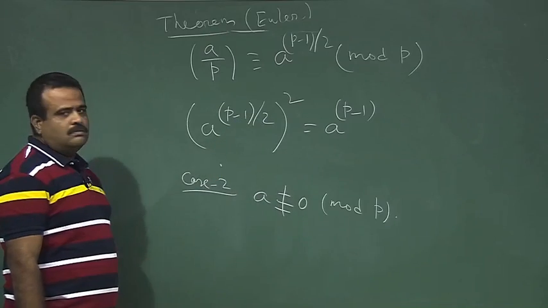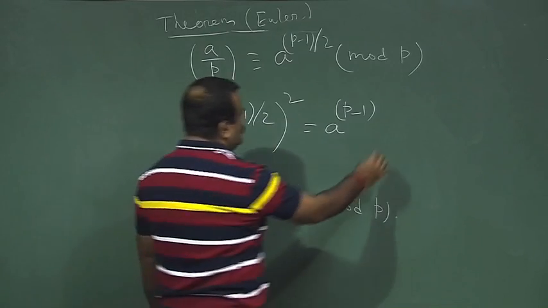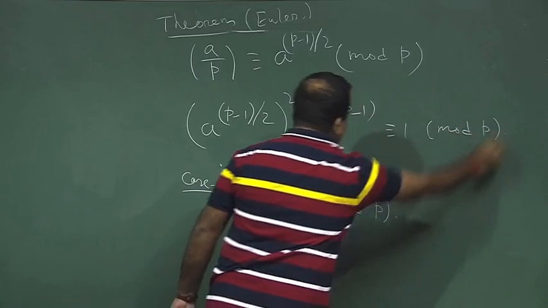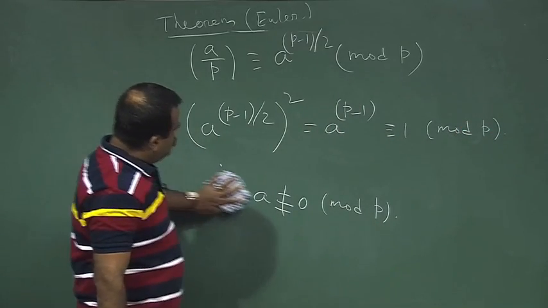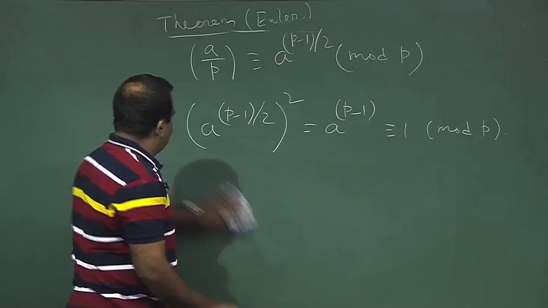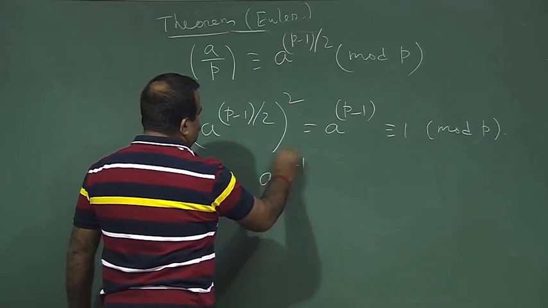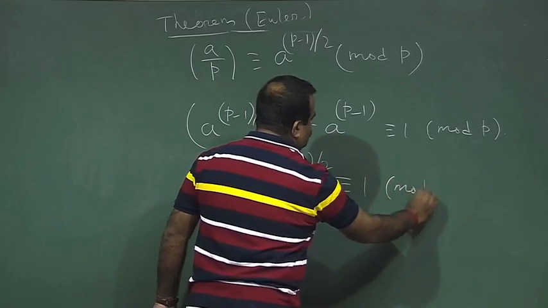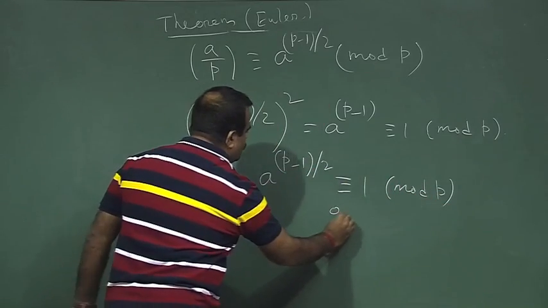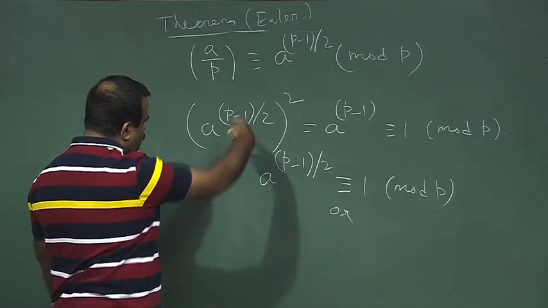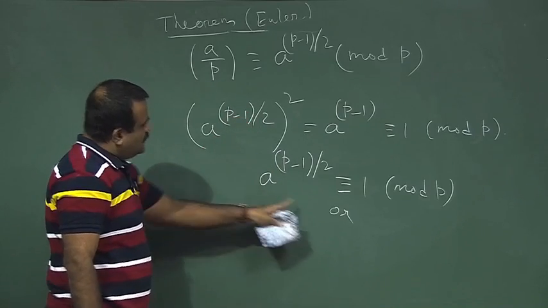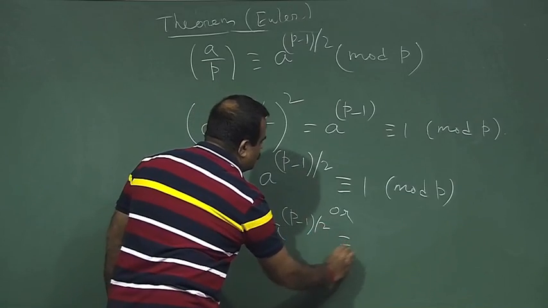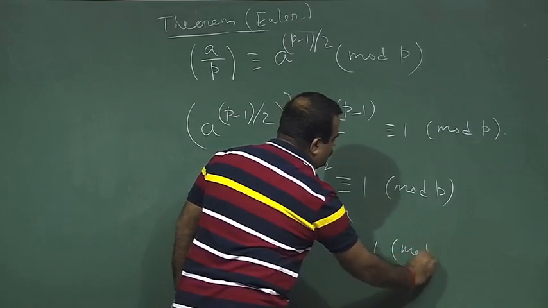Now, this we know by Fermat's Little Theorem is congruent to 1 mod p. So, this is case 2. This implies a to the power (p − 1)/2, because its square is 1, is either 1 or −1 mod p.